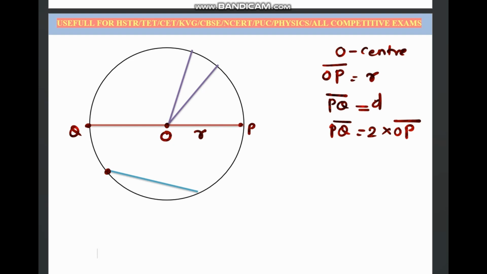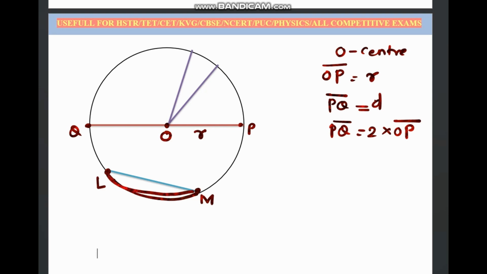Then I will take any two points on the circumference. So this is point L, this is point M. I will denote this by a straight line. Then I have one arc here.